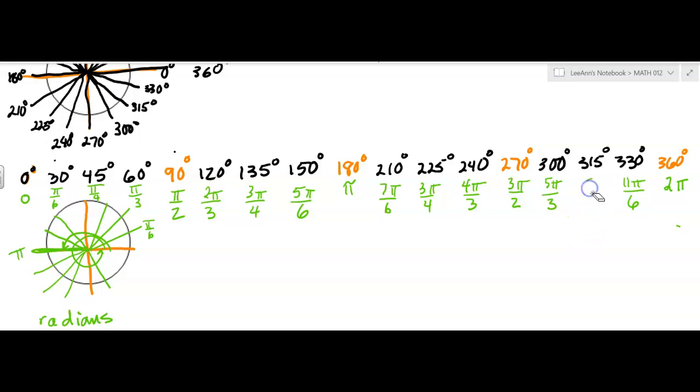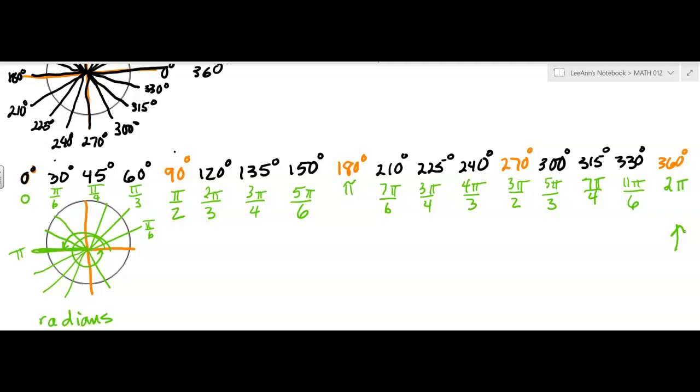I forgot to take it from 2 pi. Sorry, 7 pi over 4. Okay, so I'm at 2 pi, which would be 8 pi over 4, and I'm backing up 45 degrees, or backing up pi over 4. So that would be 7 pi over 4.